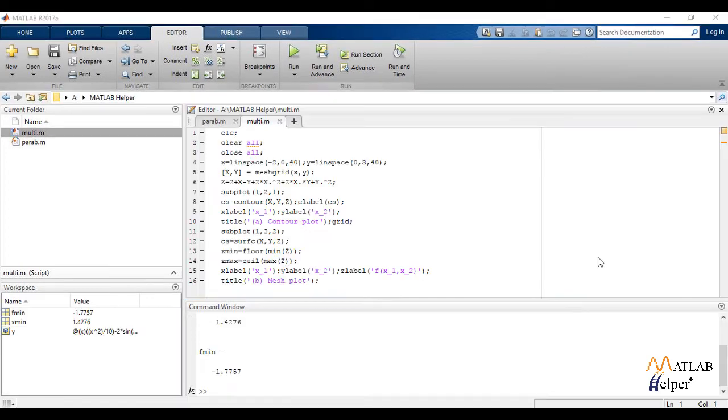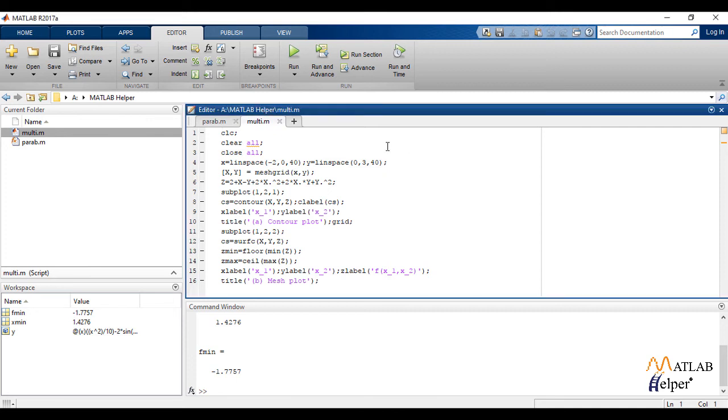Now let us see the code. Here we have implemented the code and we define z as the given equation, 2 plus x minus y plus 2, and subplot this equation.